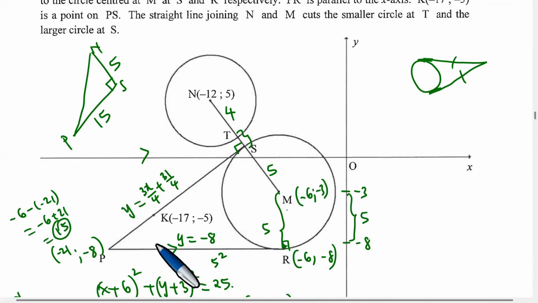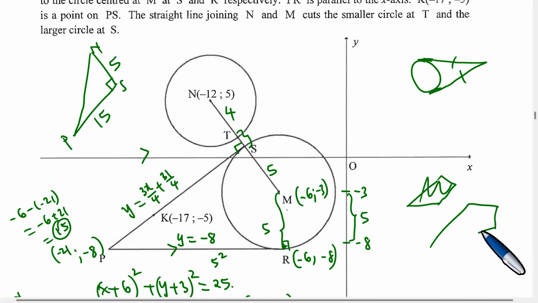You can see that this is like a kite, because a kite has equal sides and then two short sides. So a shape like this in mathematics is called a kite. You can use the formula for the area of a kite, but you can also split it into two.